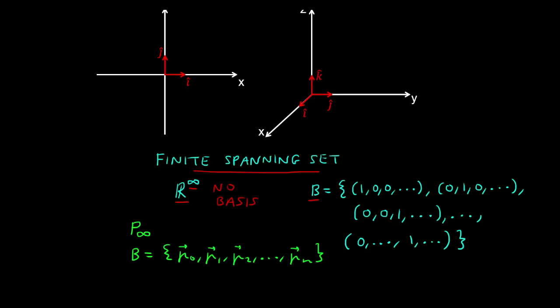So given we have a finite number of polynomials, any polynomial with a degree less than or equal to n can be written as a linear combination of these polynomials. And therefore this vector space has no basis.